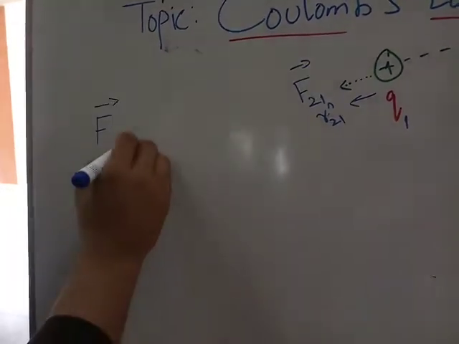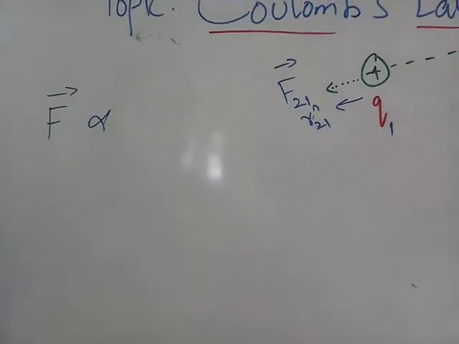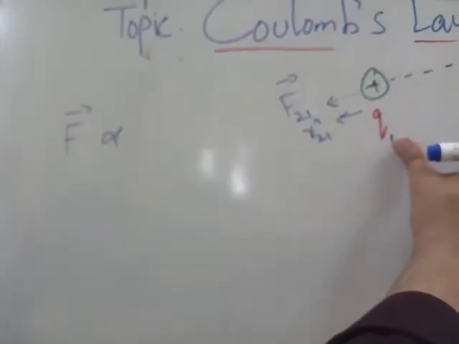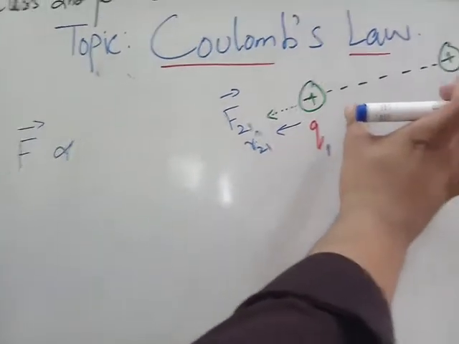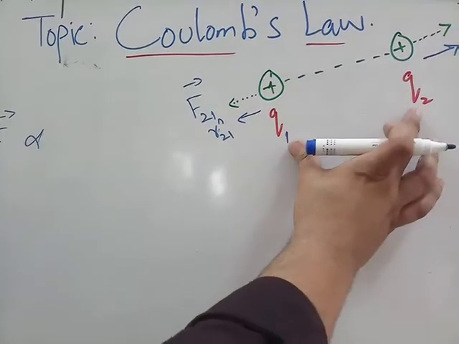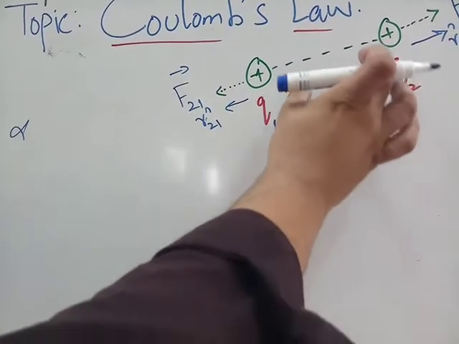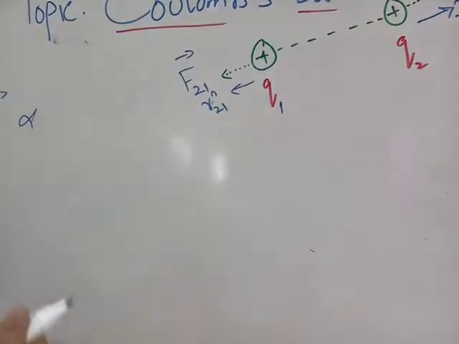If these two charges are larger, the attractive or repulsive force is also large. If these two charges are small in nature, the attraction or repulsion between them is also small.